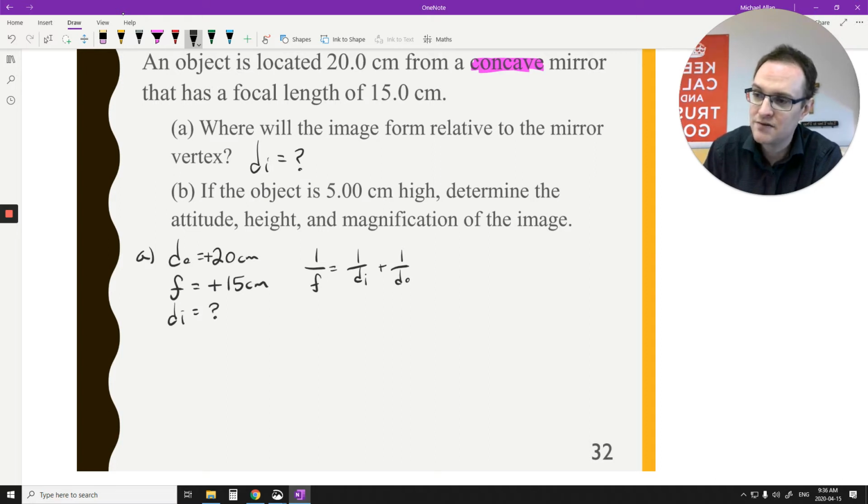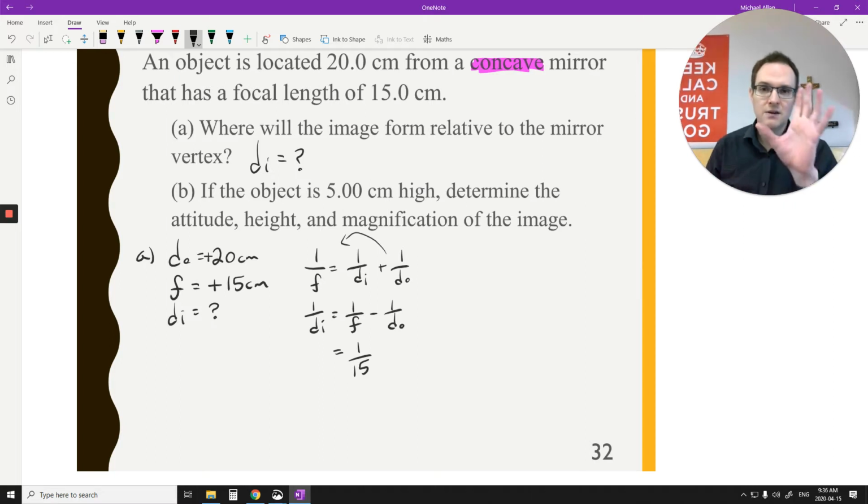Now to use this formula, the best thing to do is to rearrange for 1 over di. So I want to get 1 over di by itself, so I'm going to subtract over the 1 over do. So 1 over f minus 1 over do. I'm going to put in my numbers first. So I'm going to go 1 over 15 centimeters.